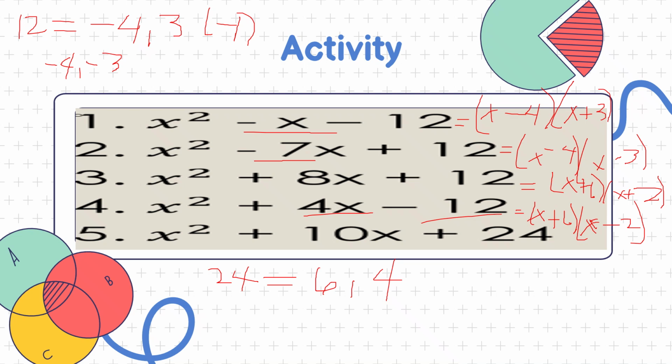Multiply that's 24, but if we add that, it will become 10. So we need to find the B, or the middle. So the factors are x plus 6 and x plus 4.